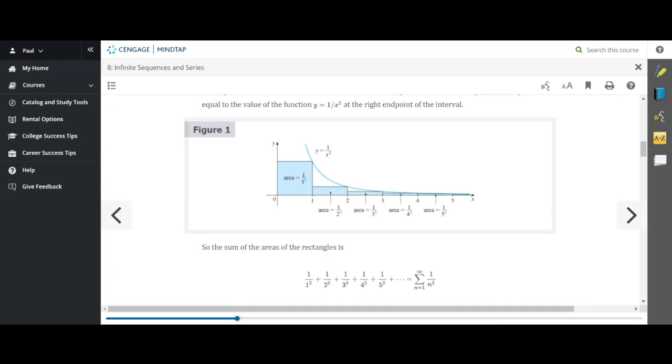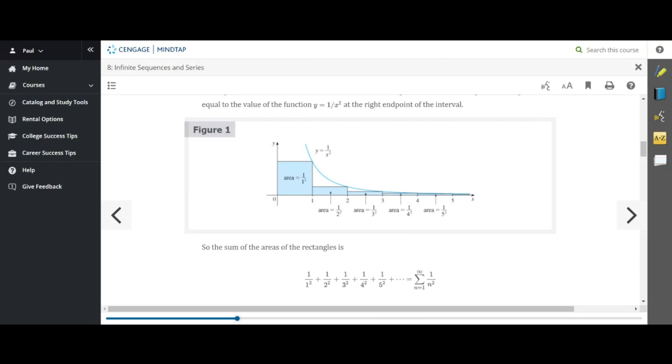When x equals 1, the height is 1 over 1 squared, because the function touches the corners. So the area is the height, 1 over 1 squared, times the base, which is 1. The next rectangle has a height of 1 over 2 squared.